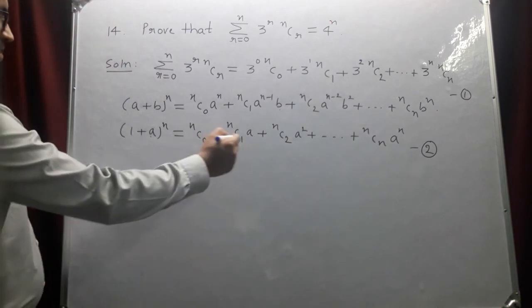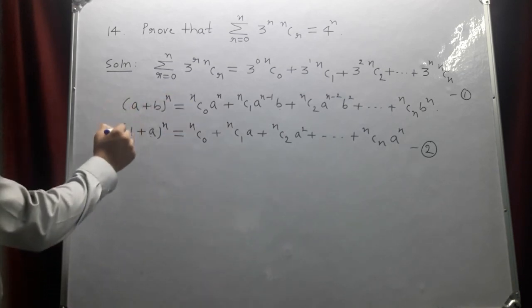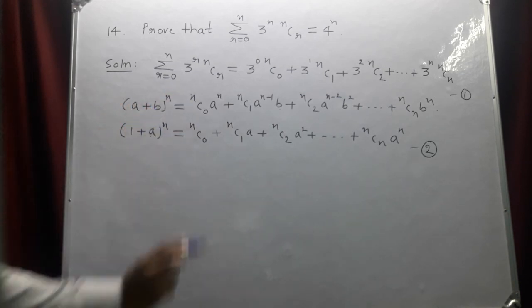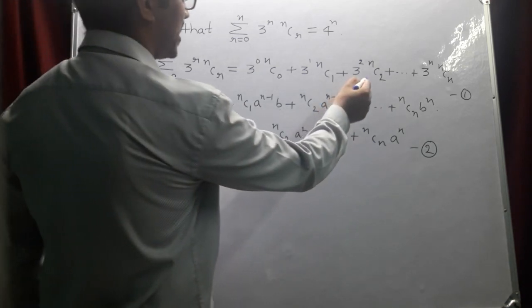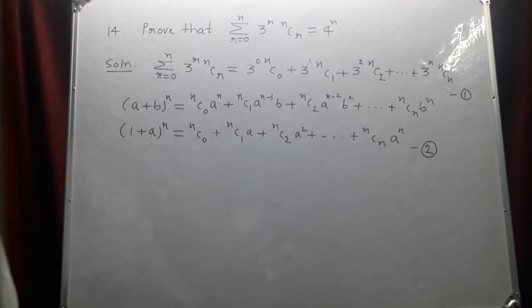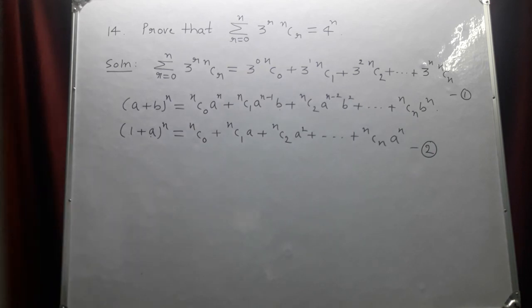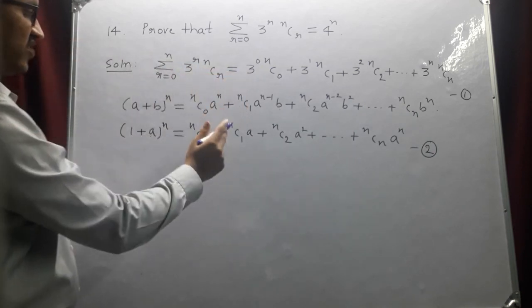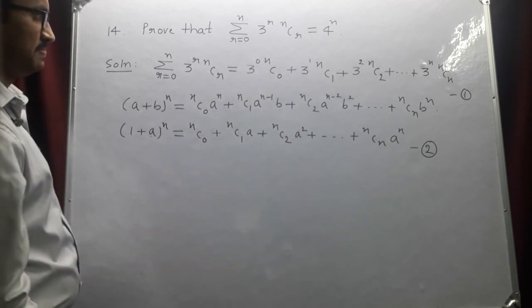So this expansion we have obtained from the binomial theorem by taking a is equal to 1, b is equal to a. If you compare the right hand side of equation 1 and 2, it seems both are the same.